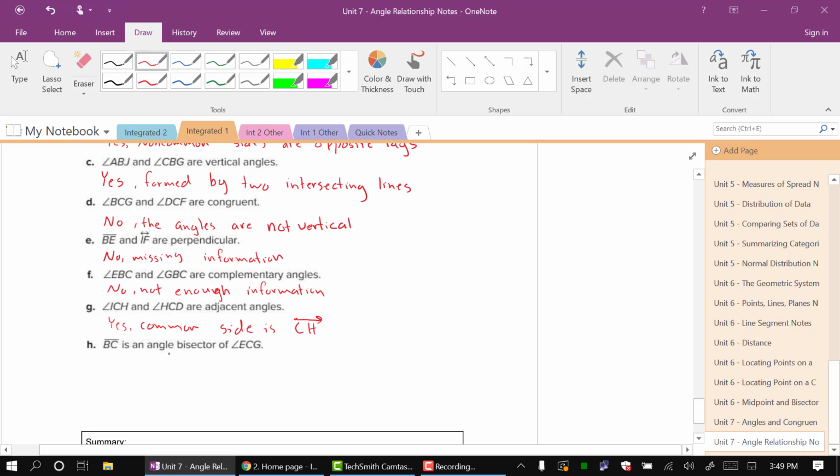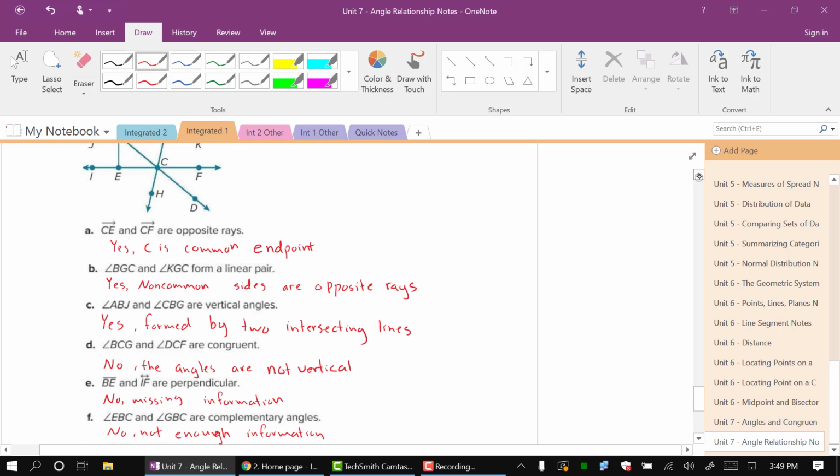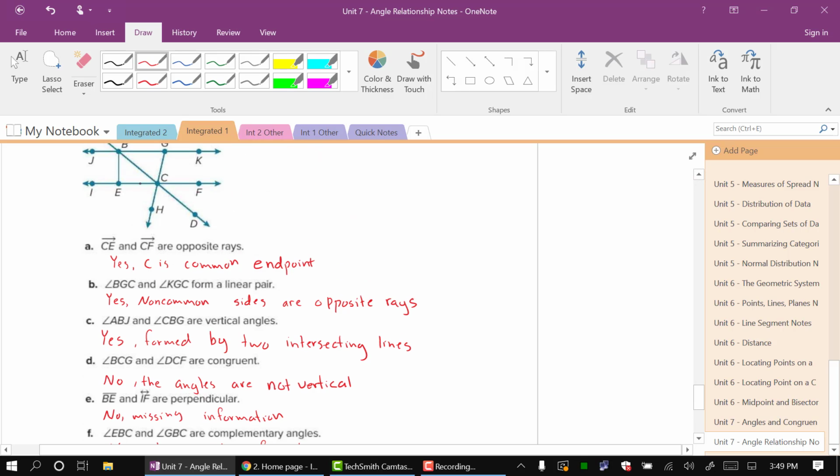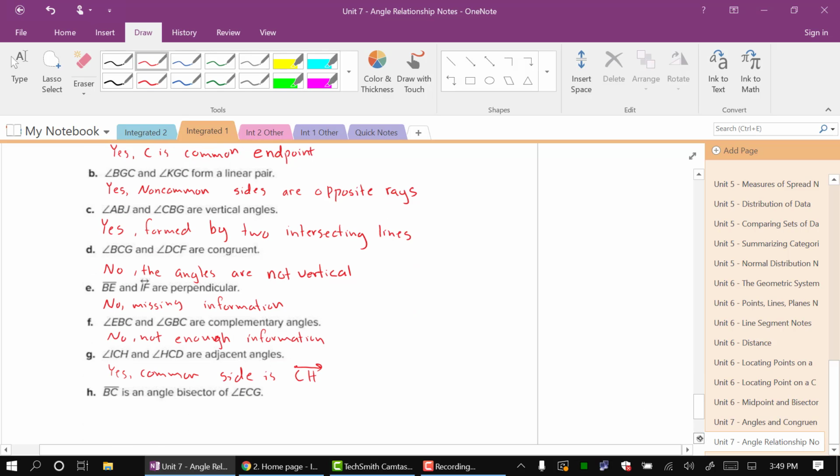And then BC is an angle bisector of ECG. We said that BC, again, we don't know if it actually is or if it's just a line in between. There's not enough information.